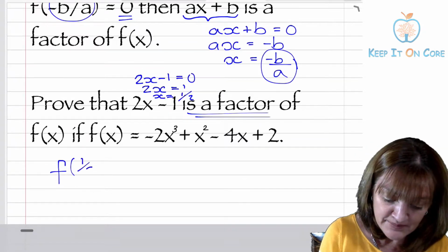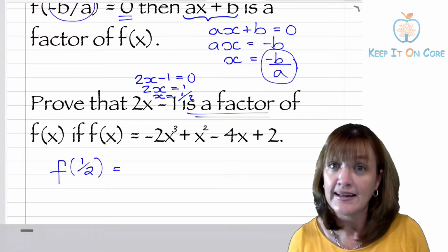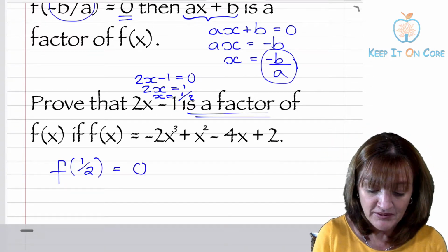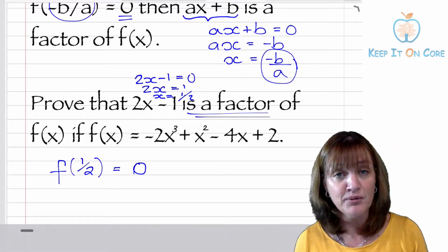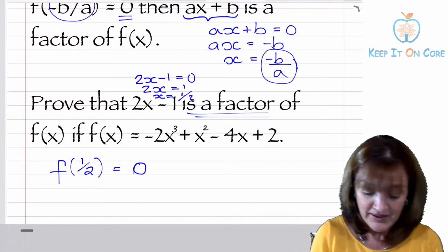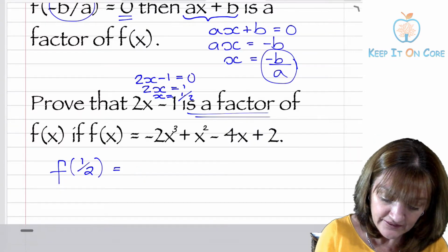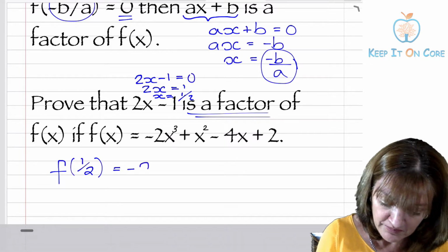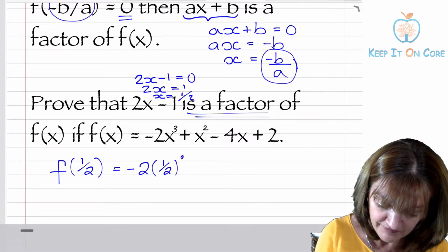So when I substitute my x's with 1 over 2, the whole idea is that I'm supposed to land up with a value of 0. If I do get a 0, then yes, you've proven that it is a factor. So that's what we're going to do. We need to substitute a half everywhere we've got an x.